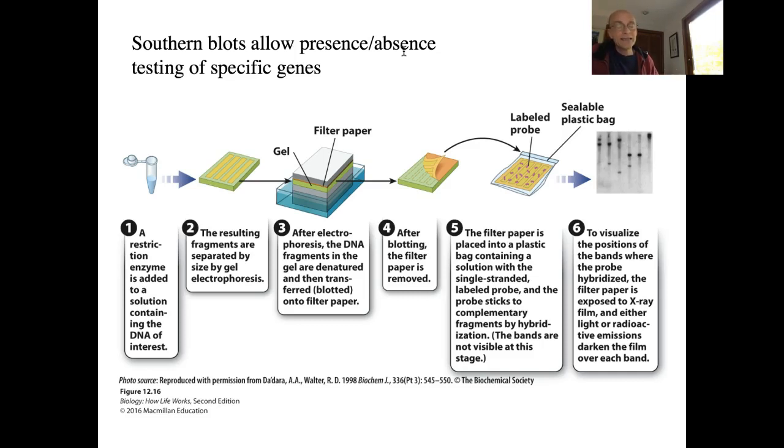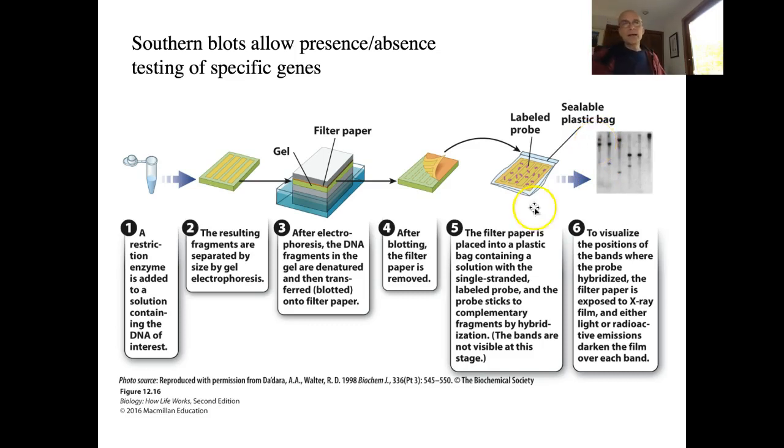That is labeled, and it will bind if that piece is available, if it's there in the mixture, and then it will light up on a gel like so. So these two bands here will say, yes, in this lane of this particular DNA preparation, that particular gene that I was looking for is there in two copies, a larger one and a smaller one.